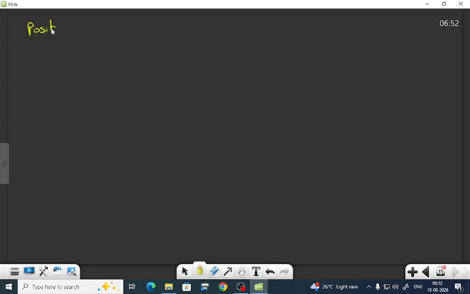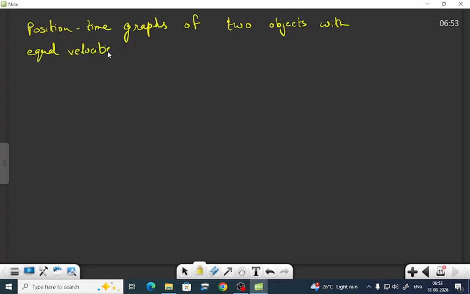Position time graphs of two objects with equal velocities are shown here.